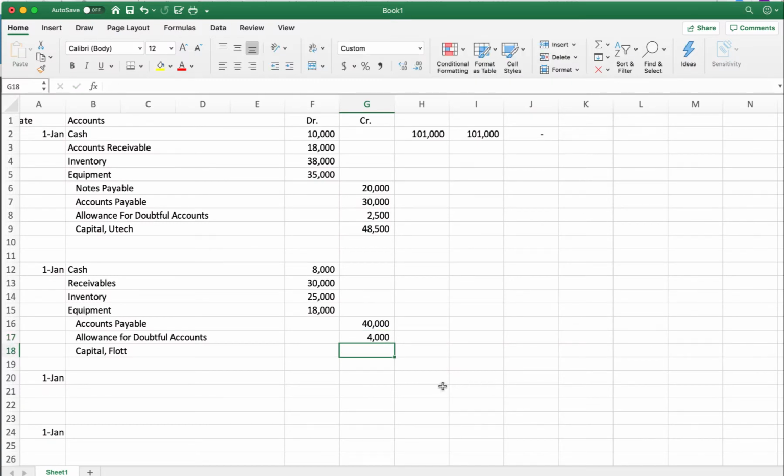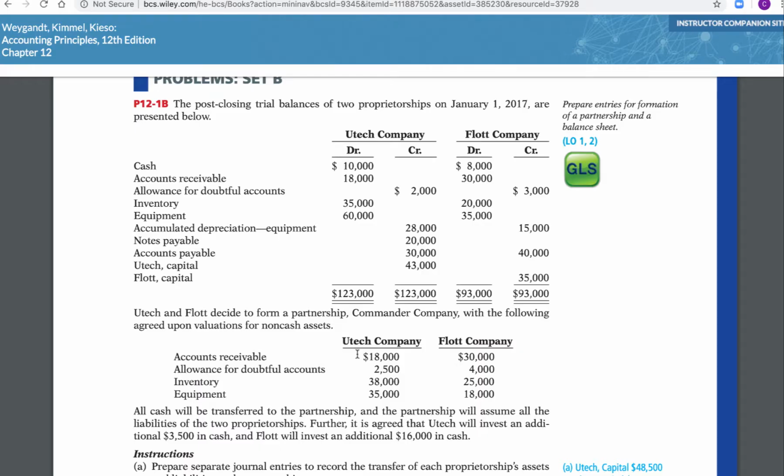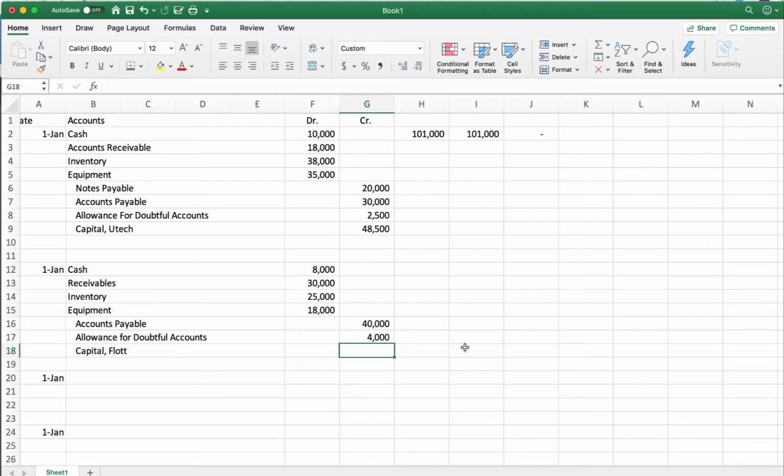Okay? Now, we need to figure out what is the owner's capital, right? Originally, when Float was a loan, Float had capital of $35,000. If we plug it in, it won't work, right? We need to go back to the accounting equation.